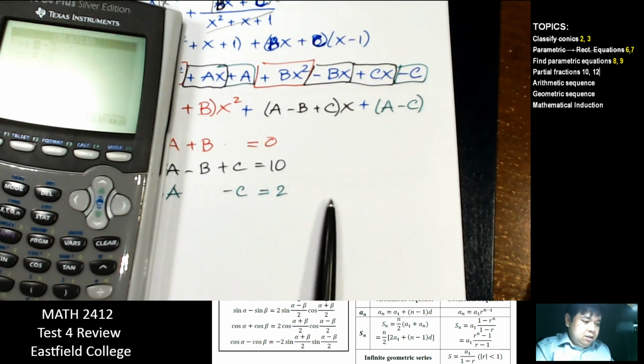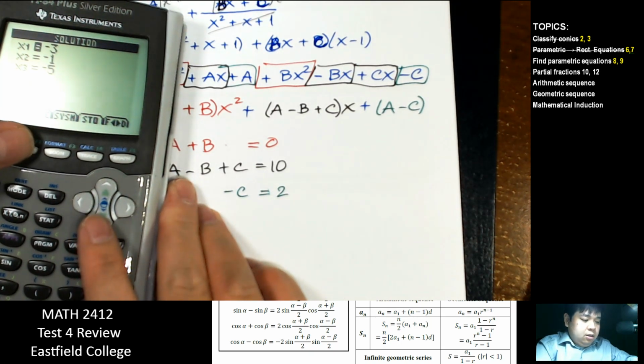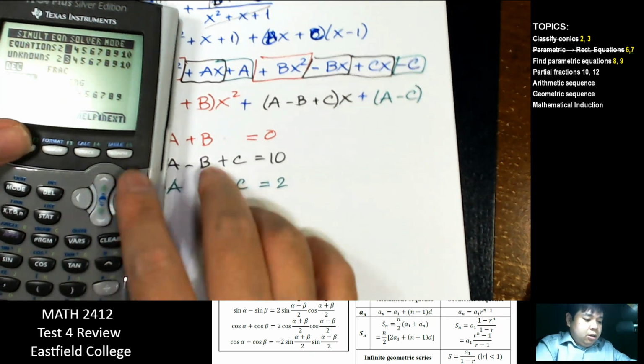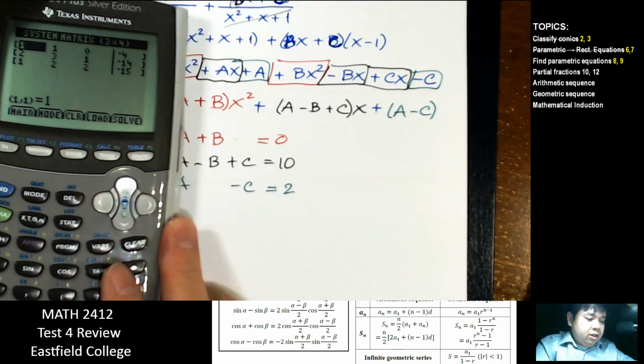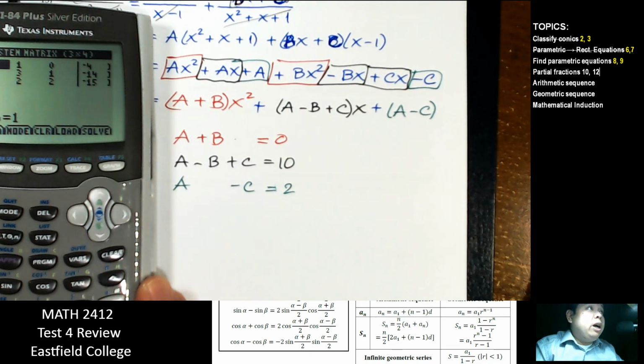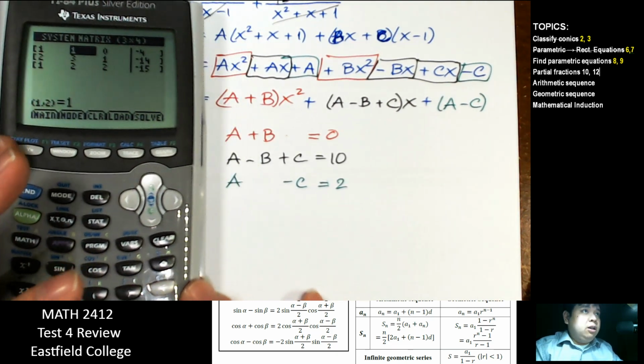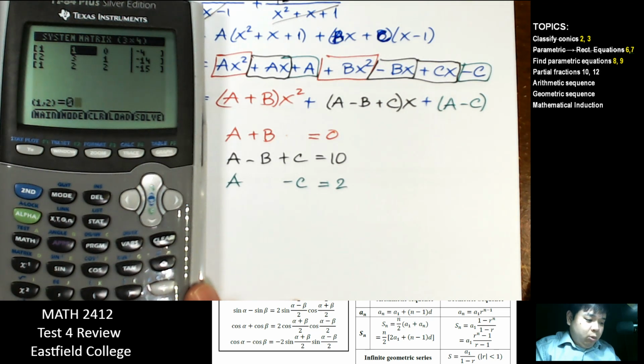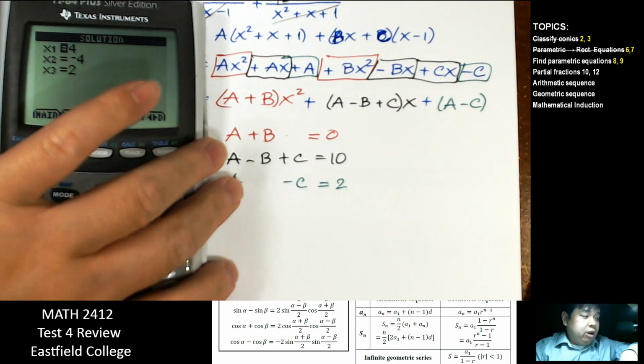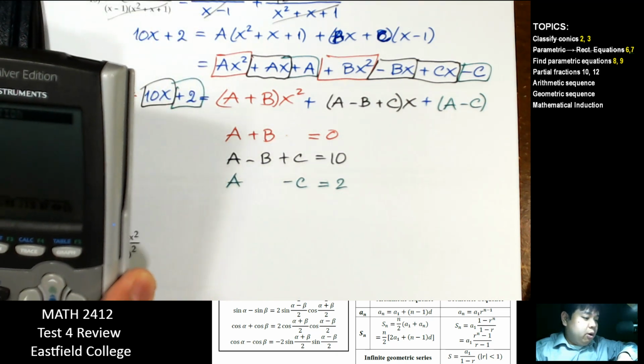Right. The coefficient 1 for a, 0, 1 for b, 0 for c, and 0 there. 1, negative 1, 1, and 10, 1, 0, negative 1, and 2.